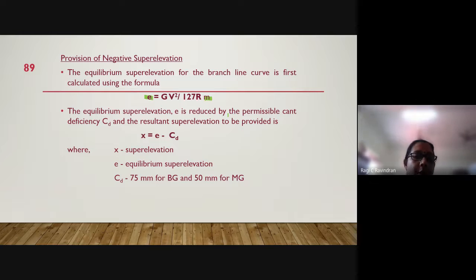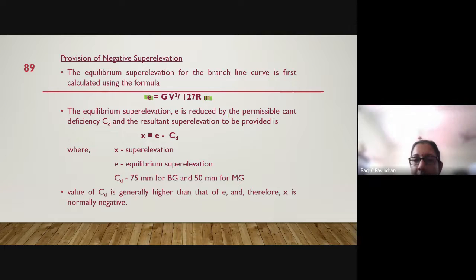So, if it is not mentioned in the question about the CD values, then you have to consider the maximum permissible cant deficiency for broad gauge as 75 mm, and if it is a meter gauge, you can provide it as 50 mm.